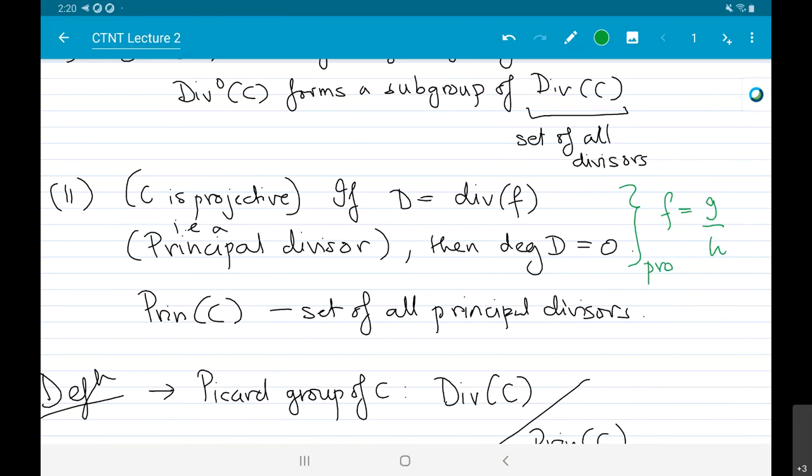So projective space implies that the degree of g has to be equal to the degree of h. And so the number of zeros, which are going to come from the zeros of g, are going to be the same as the number of poles. Because in projective space, remember, you can scale variables and you should still get the same answer. So both of these have to be homogeneous, and in particular, they have to be homogeneous of the same degree, otherwise this won't be well defined. Great question.